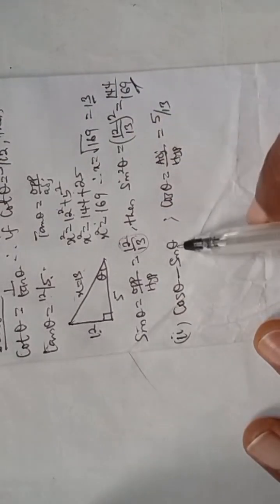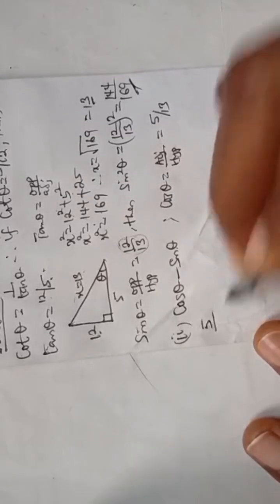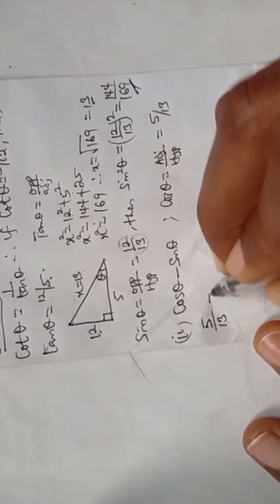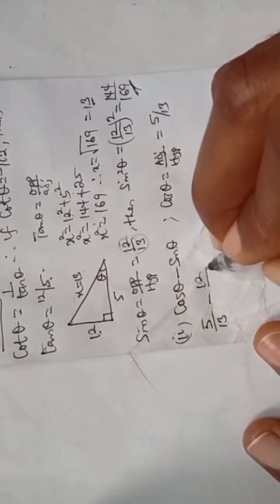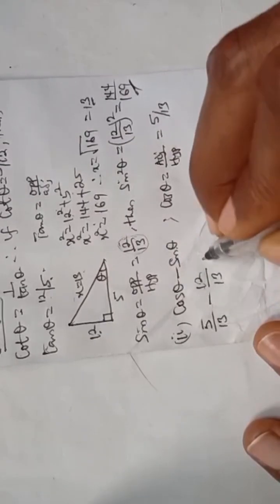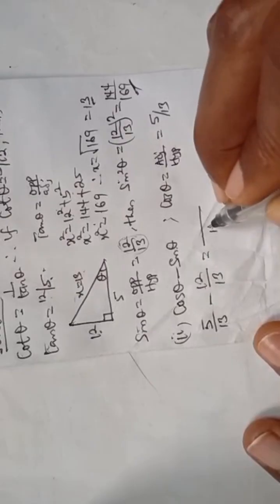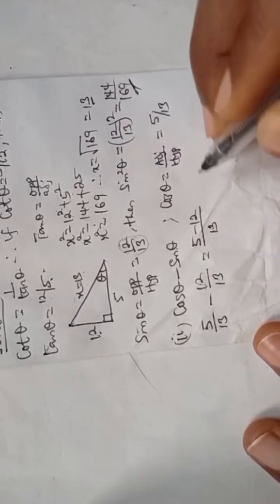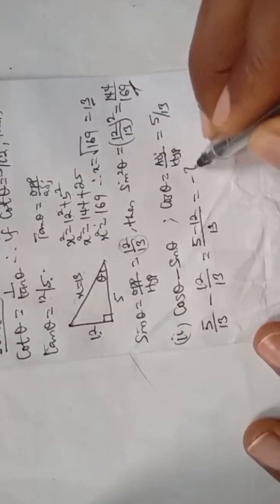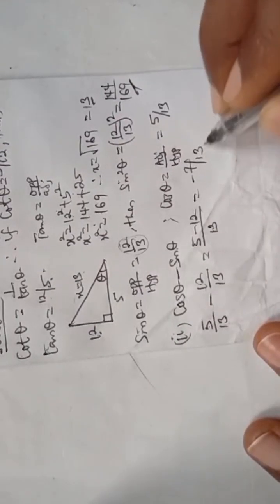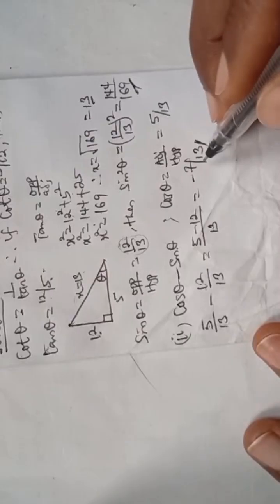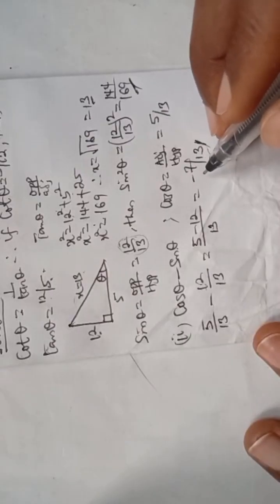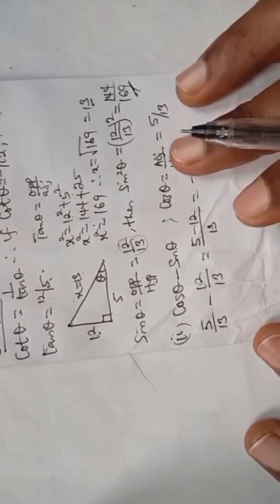I'm going to replace these values, so I have 5 over 13 minus 12 over 13. The common denominator is 13, so I have 5 minus 12, which is minus 7 over 13. That is that.